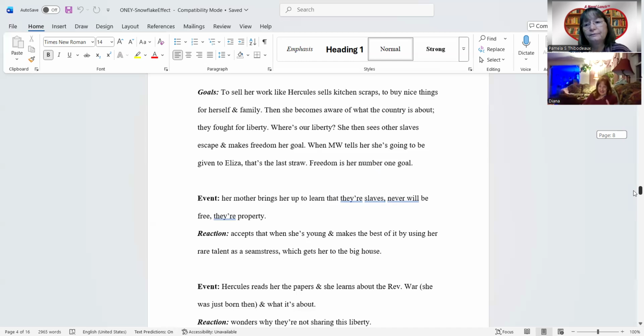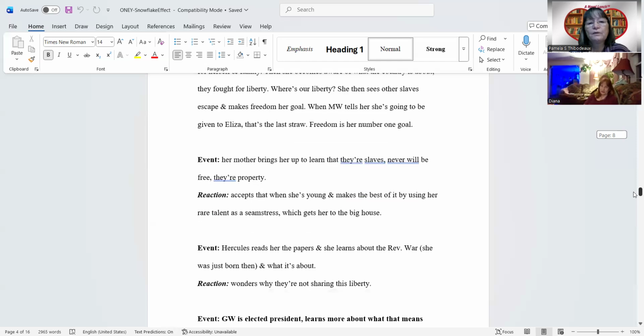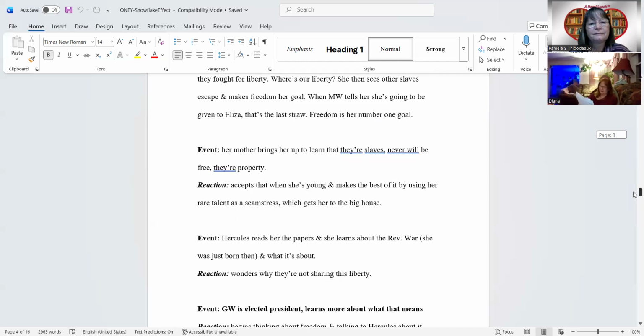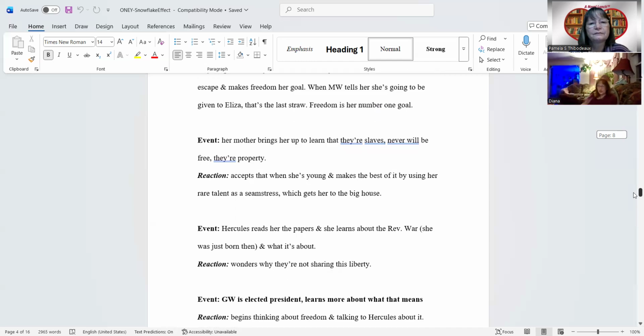She was going to give Ona to her granddaughter Eliza, so she would be Eliza's property. That made her realize she'd never be free. That was the turning point. She said, "There's no way Martha is going to turn me over to her," and that was the end of it.